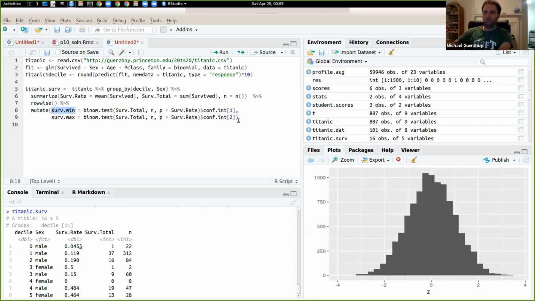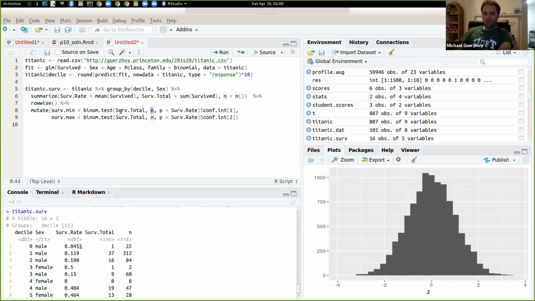We know how to compute the confidence intervals otherwise as well, but binom test provides that too. So we're giving it the total number of survived, we're giving it the total number of people, so the total number of males with decile 0, and we're giving it the p, and from that we can get the lower bound of the confidence interval and the upper bound of the confidence interval.